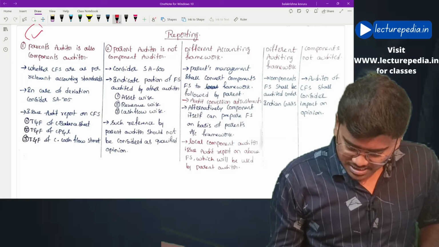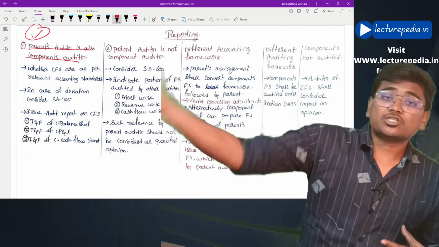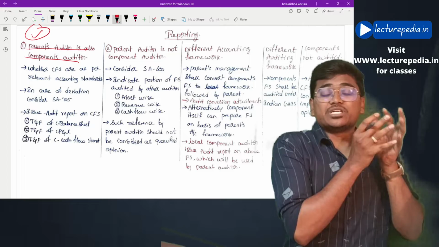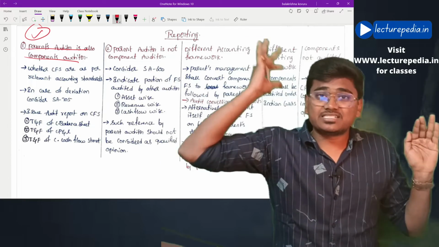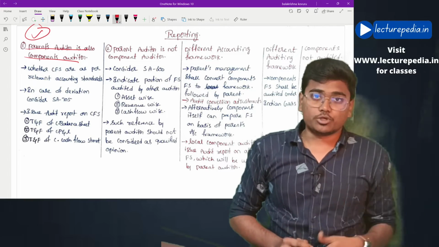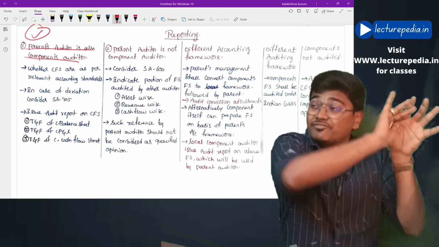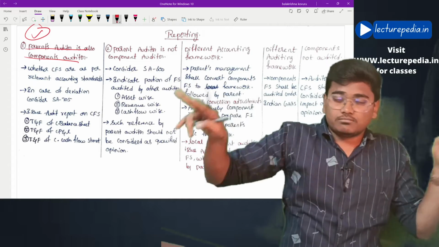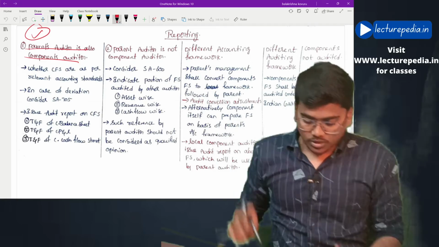First situation is the parent's auditor is also the auditor of the components. The auditor of A Limited, the holding company, is also auditing the components' financial statements. In that case, what has to be checked by the auditor? How the auditor has to report. That is the first situation. Second situation, parent auditor is different from component auditor. These are the first 2 situations. First of all, we will see the reporting in case of these 2 situations.